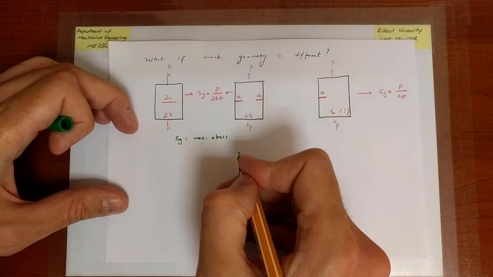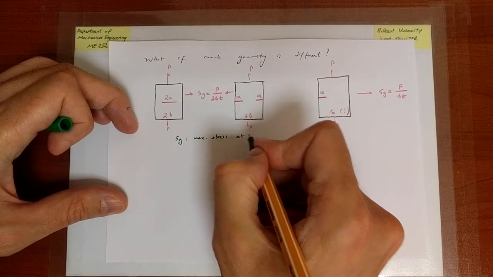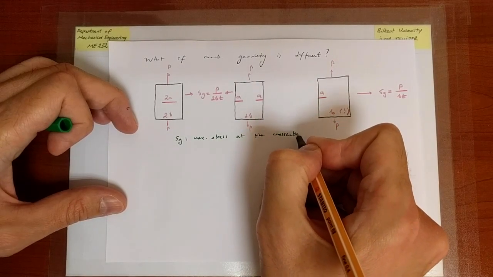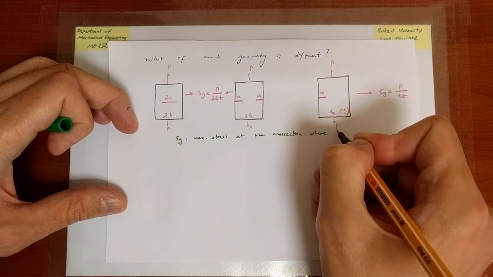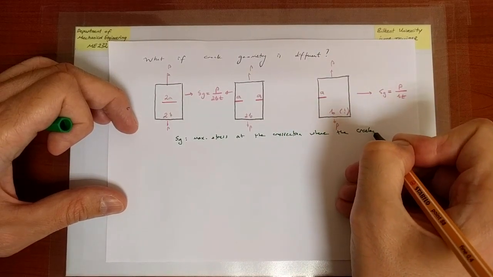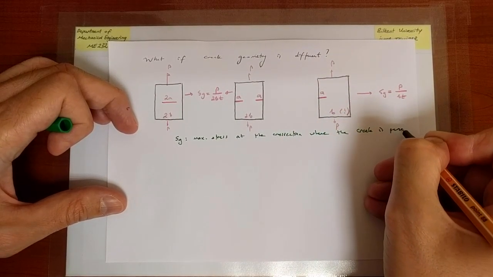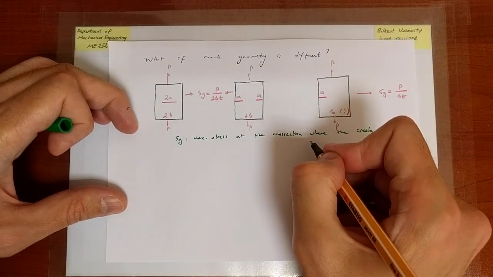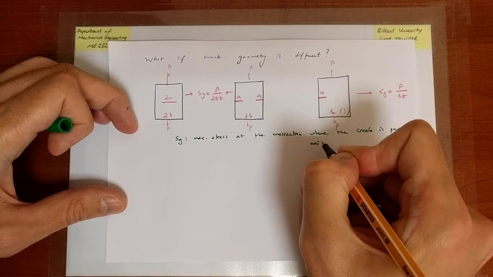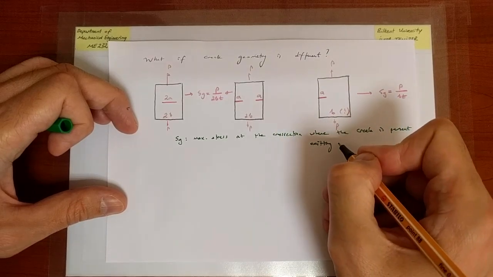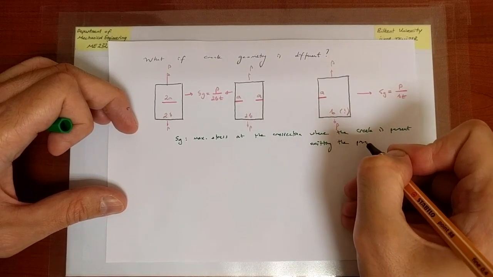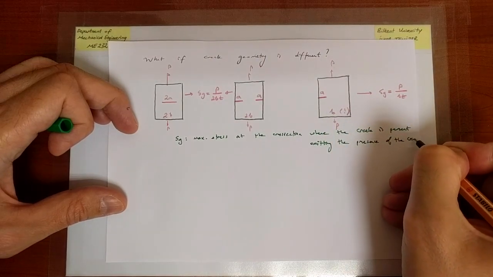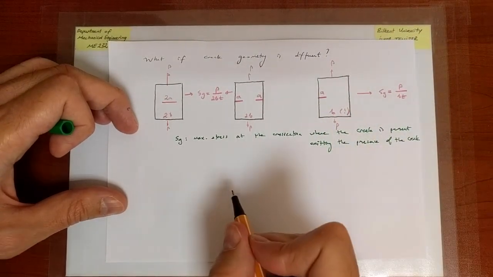It's the maximum stress at the cross section where the crack is present, but omitting the presence of the crack. In other words, omitting the area reduction due to the crack.